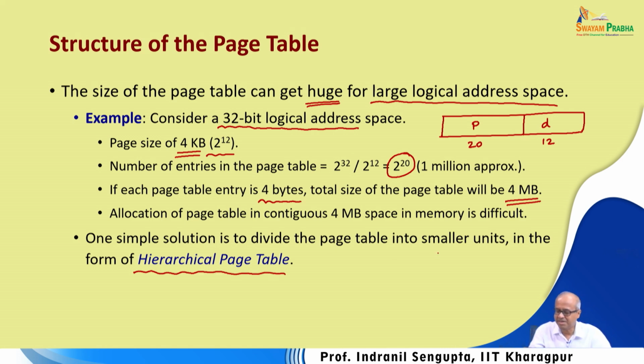You divide the page table into smaller units, where each unit can fit into a page. So, the page table itself is paged. Instead of storing in a contiguous place, you put parts of the page table in different pages in memory. That makes your memory management also very uniform. Let us see.